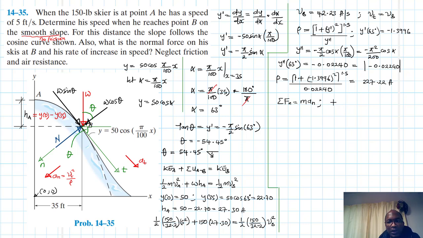And then this just becomes W cos theta minus N equal to M times VT squared divided by rho.